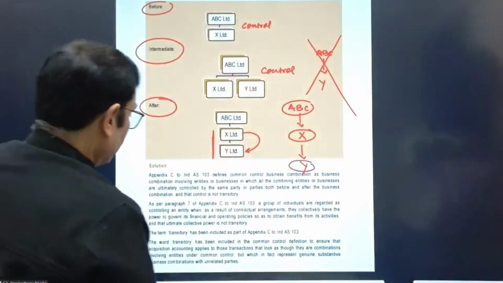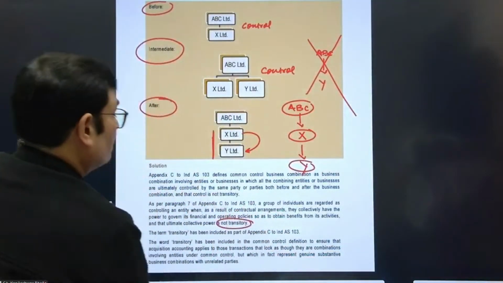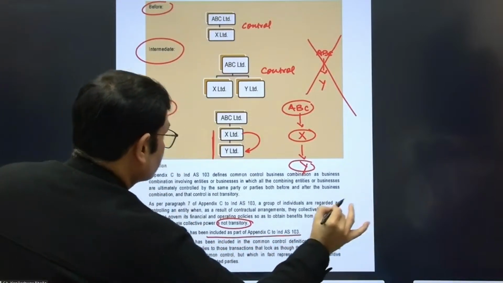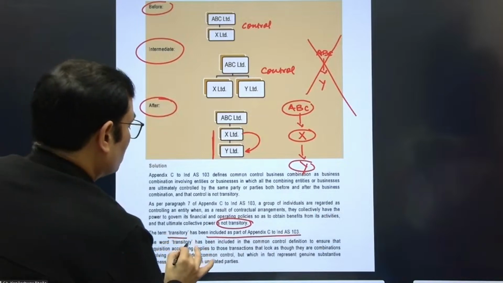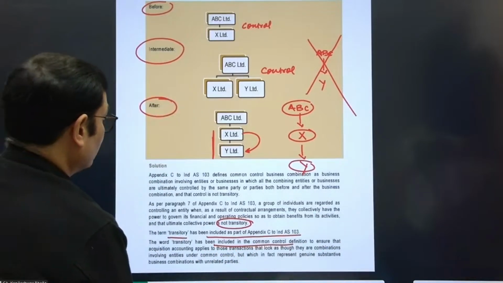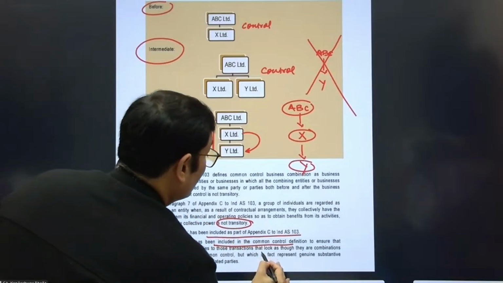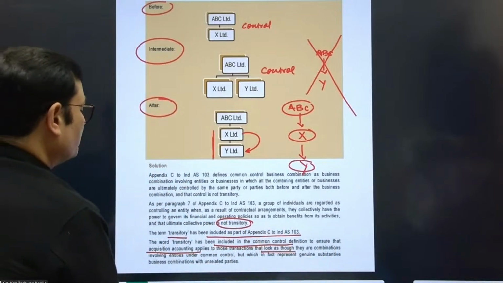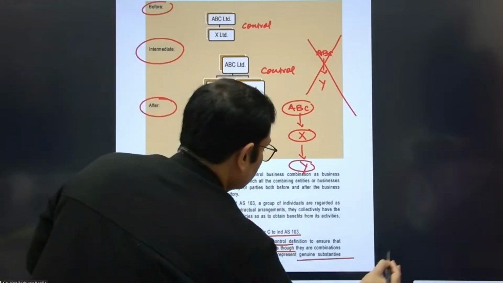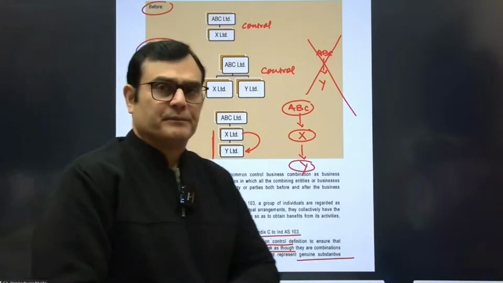Let me read now. As I said, we need to prove that the control should not be transitory. The term transitory has been included as a part of the appendix. The word transitory has been included in the common control definition to ensure that acquisition accounting applies to those transactions that look as though they are combinations involving entities under common control, but they represent genuine substantive business combinations with an unrelated party.